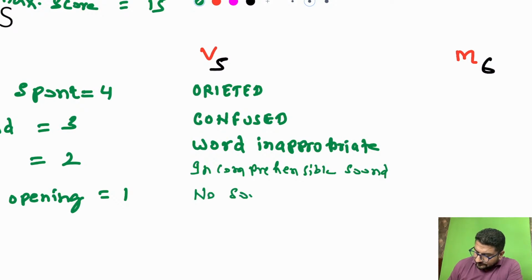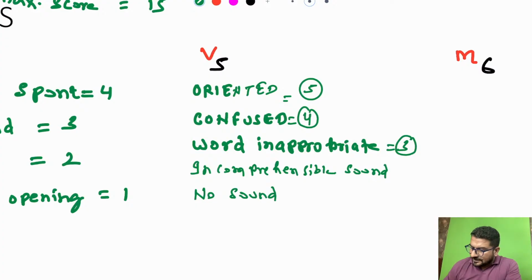Oriented to time, place, person, we give a score of 5. Confused, we give 4. Inappropriate words, we give 3. Incomprehensible sounds and the patient is just moaning, 2. No sound, we give a score of 1.